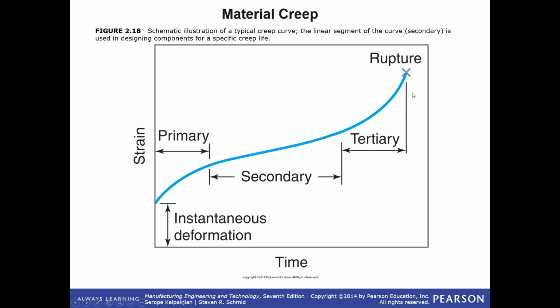So with time and the amount of strain on a device, initially under load you put it under this instantaneous deformation, and then over time that strain builds. This is the linear segment of the curve. Secondary is used to design components for a specific creep life. So how long, again, is that bolt going to last for that purpose?